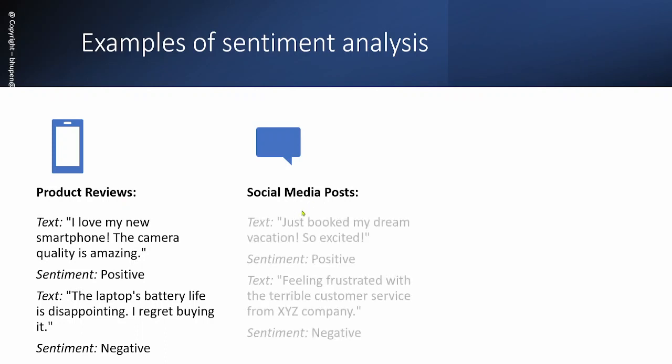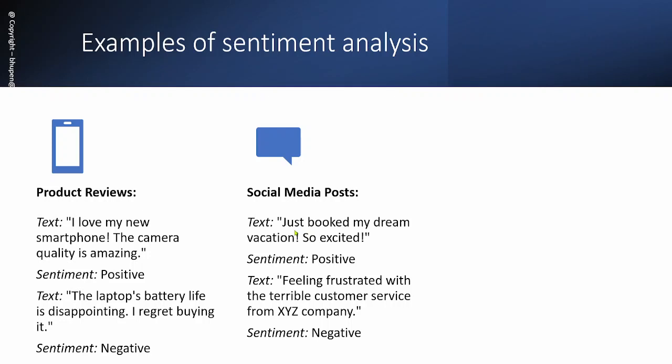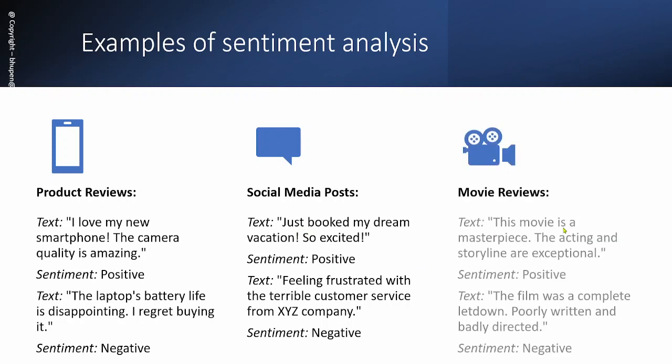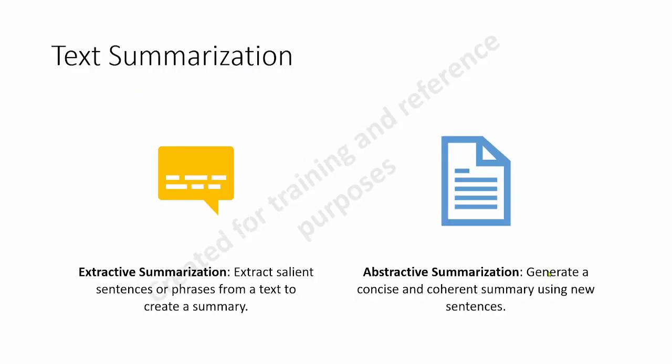Similarly, social media posts, with a similar objective: someone has written a comment and you would like to classify whether the comment is positive or negative. And likewise, movie reviews, where we have textual opinions on movies, and we would like to classify whether the review is positive or negative.